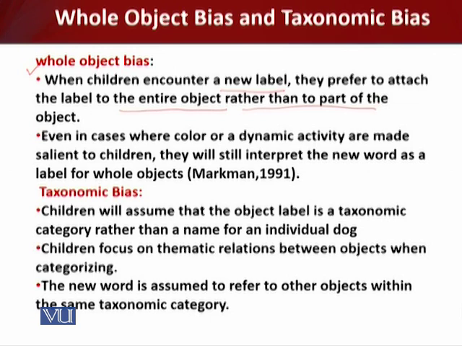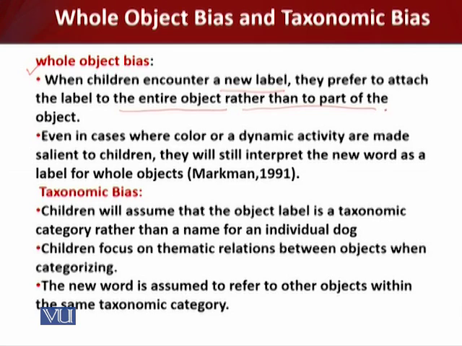I have already given the example where a child is shown an object and given the label truck, and the child will assume truck refers to the whole object instead of the tires, doors, colors and other parts. Now if a researcher points to an object while simultaneously saying a new name, children will assume that the new label refers to the whole object.